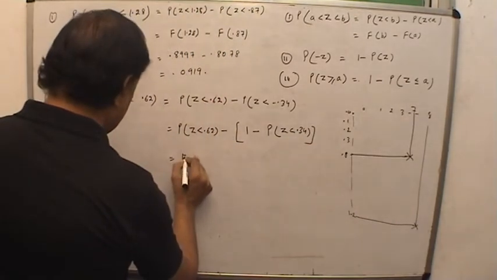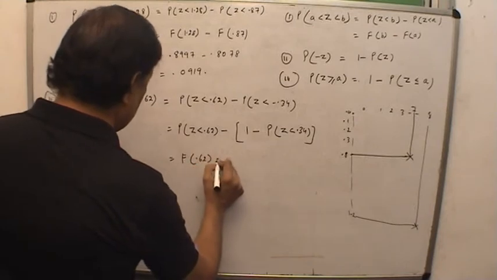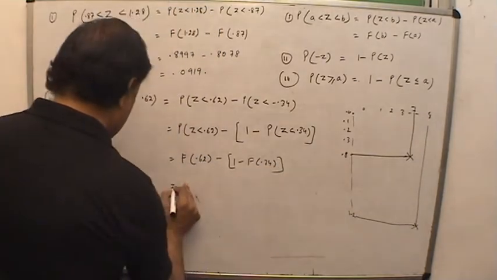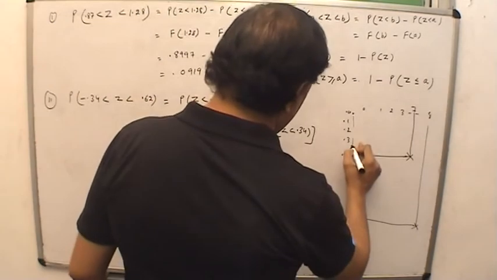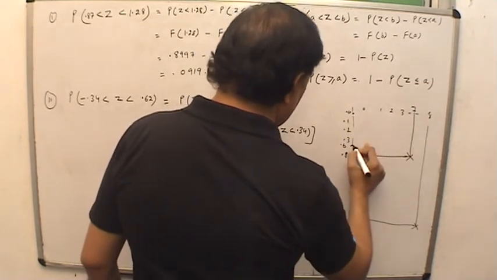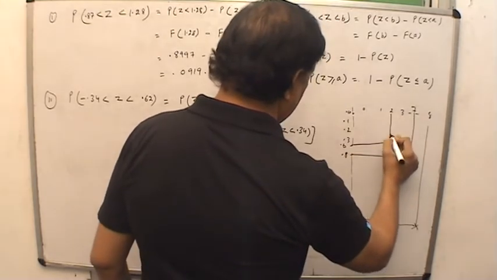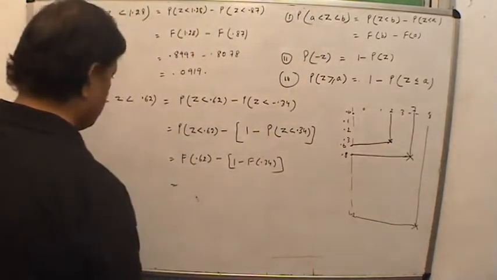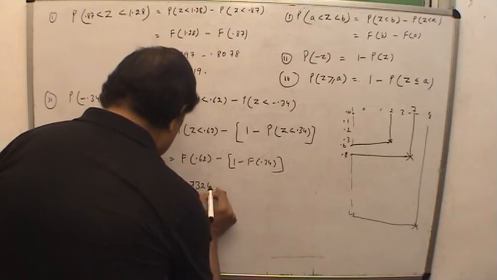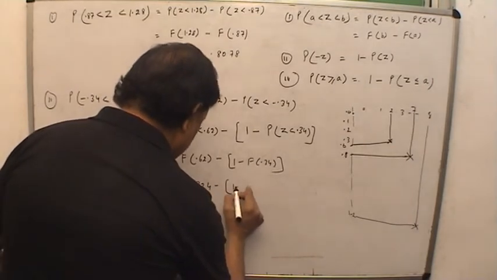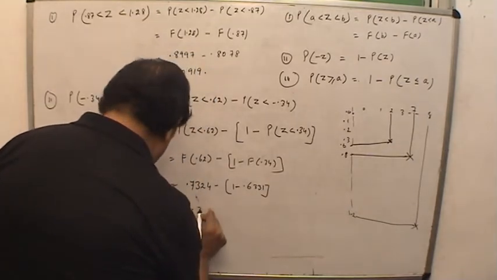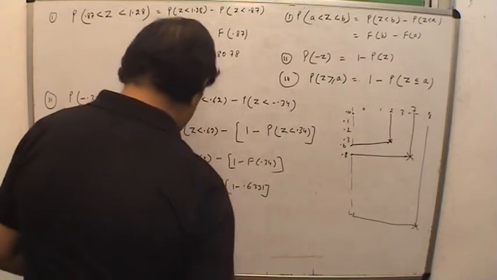Or if we take the values from the table, F(0.62) minus (1 minus F(0.34)). For 0.62, we will see 0.6 on the vertical column and 2 on the right hand side, and here we will get 0.62. That is equal to 0.7324 minus (1 minus 0.6331), and the final result is 0.3655.